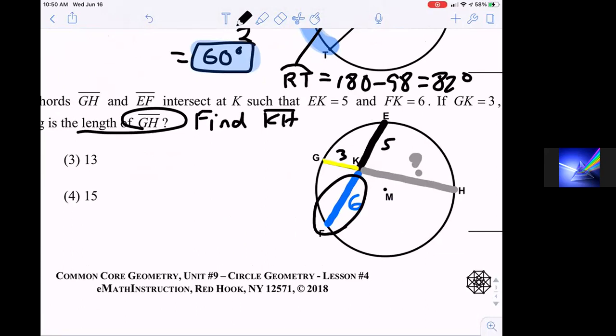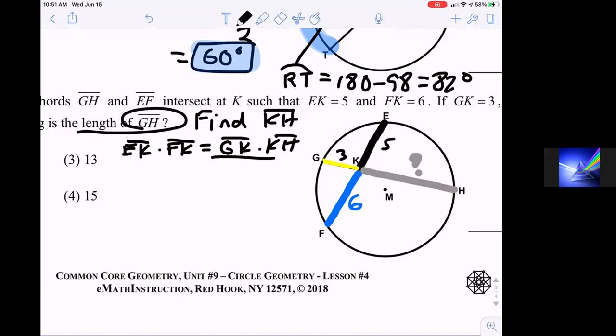So we're going to set our products equal to each other. So EK times FK equals GK times HK, or KH, whichever you want to call it. And so you're looking to find KH.